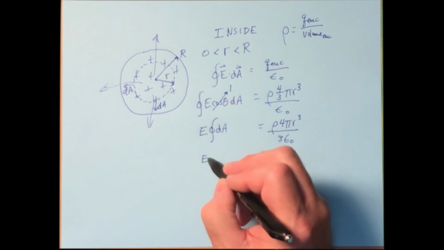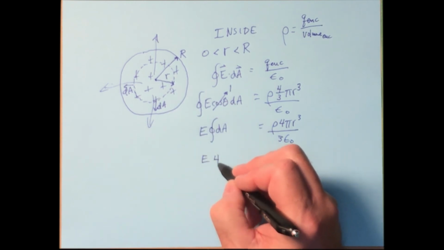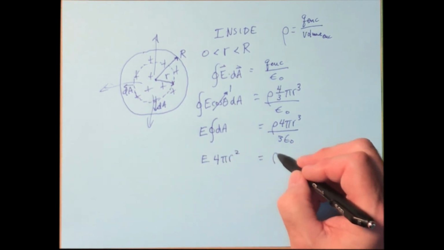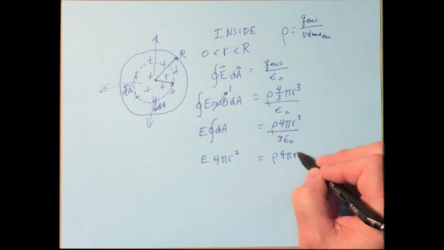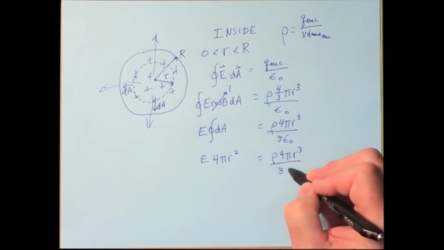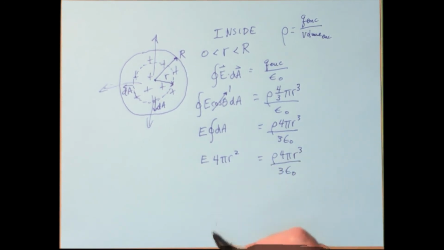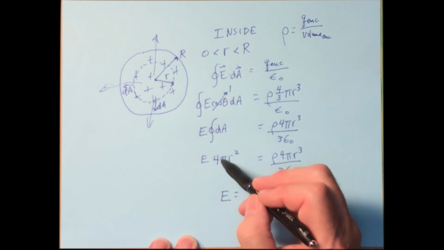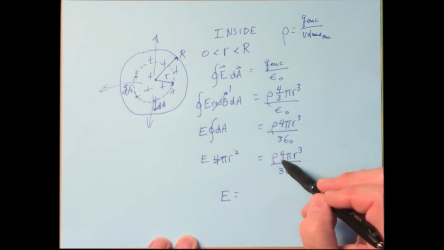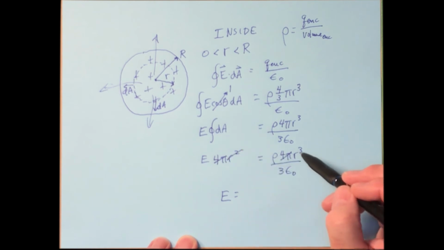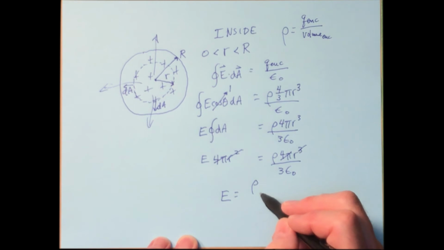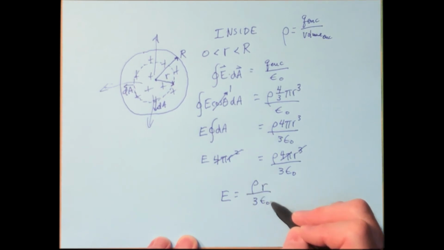So this is E times 4 pi little r squared is equal to rho 4 pi little r cubed over 3 epsilon naught. Now let's solve for E. E is going to be, let's see, what can cancel? 4 pi's cancel, 2 of the r's cancel, so I'm left with rho on top, r, over 3 epsilon naught.